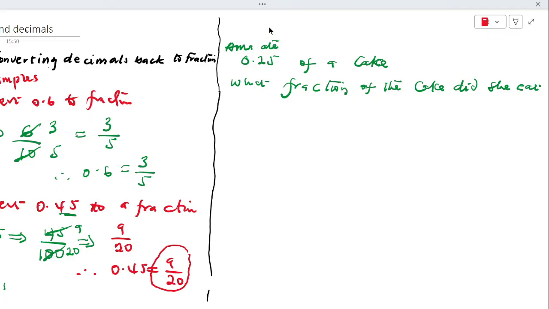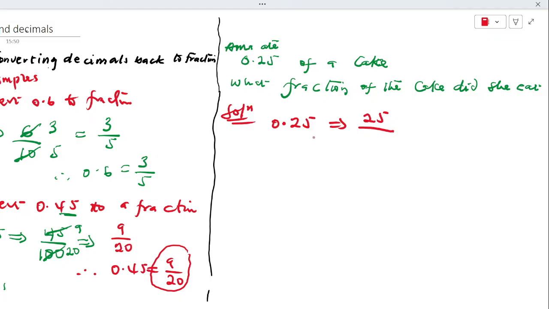All right. So now let's look at the solution. Now the solution is, 1, you write a number, which is 0.25. So the question is, how many decimal places does it have? 2. So that already tells you what the denominator is going to be. Either 10, 100, or 1,000. You should know by now. Then the second step is to remove the decimal point and write the number as the numerator. So when you remove it, you're going to get 25 as the numerator, and then you bring your fraction sign.